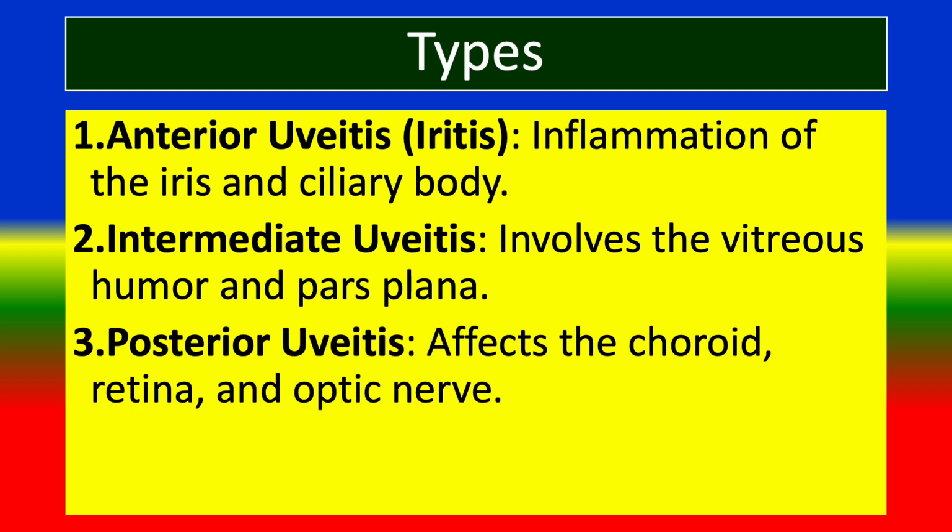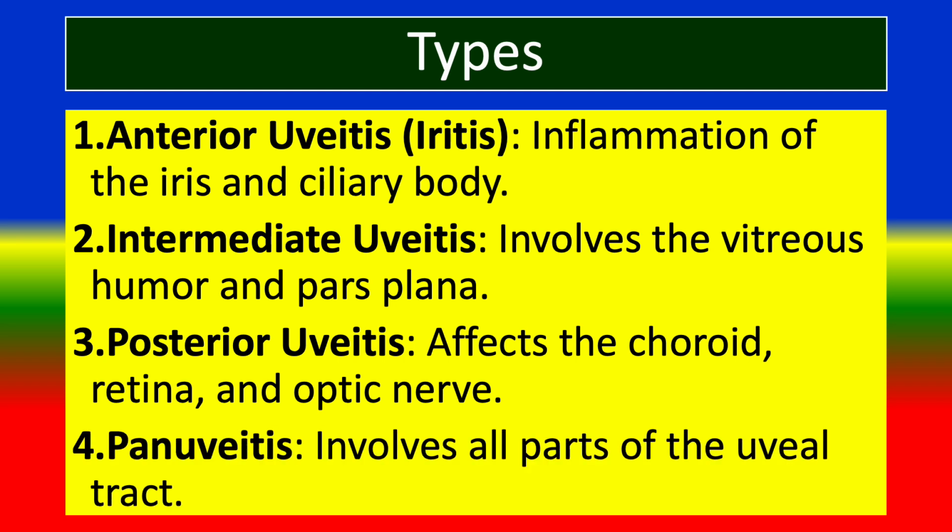Posterior uveitis affects the choroid, retina and optic nerve. 4. Panuveitis involves all parts of the uveal tract.